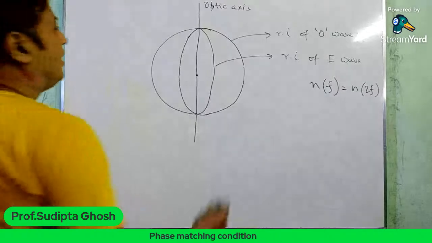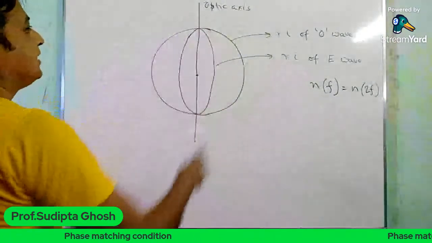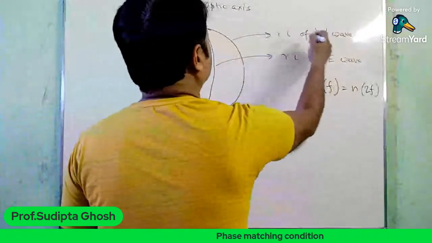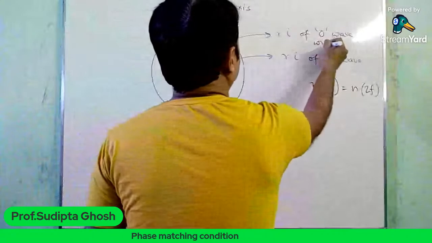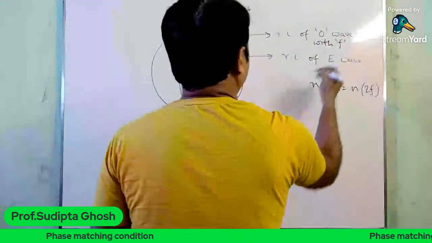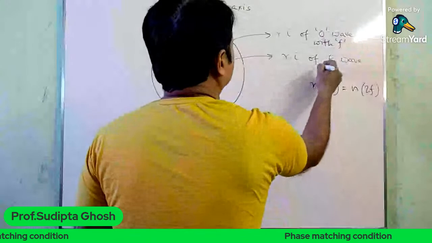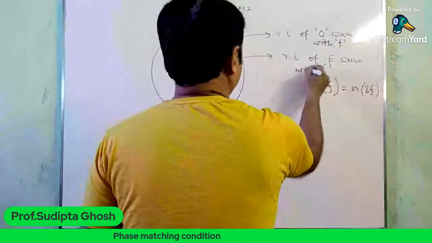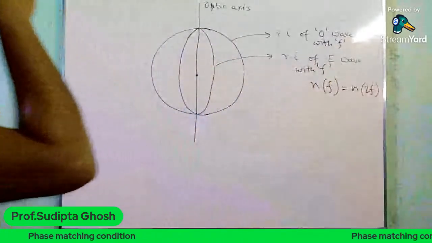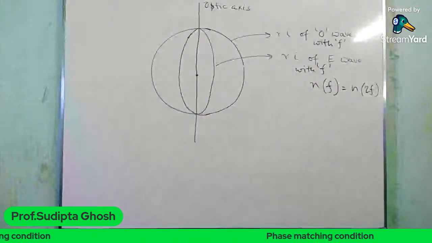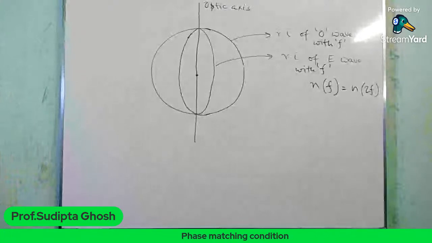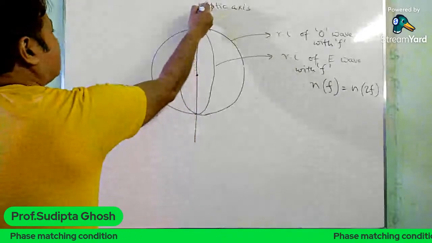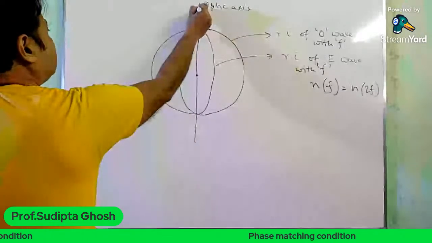Now these are the refractive index of the ordinary wave with frequency F. This one is the F wave, and the refractive index of the E wave with again frequency F. So if these are the F frequency waves, then the refractive index variation of the 2F wave will be larger than this. The sphere should be larger than this.